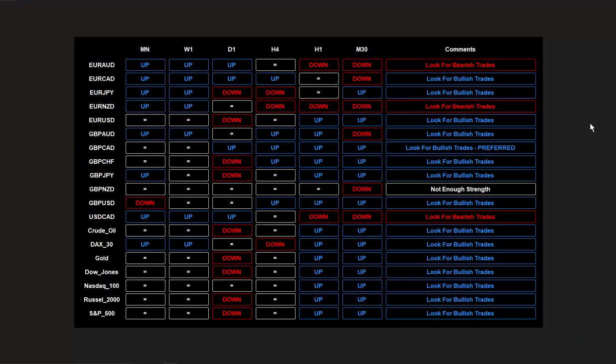Here it is here. This is a screenshot of it that I took this morning, earlier, and it's preset as such that it catches the very beginning of the cycles based on the 30 minutes, 1 hour, and the 4 hours. In other words, there's more weight put on lower time frames.